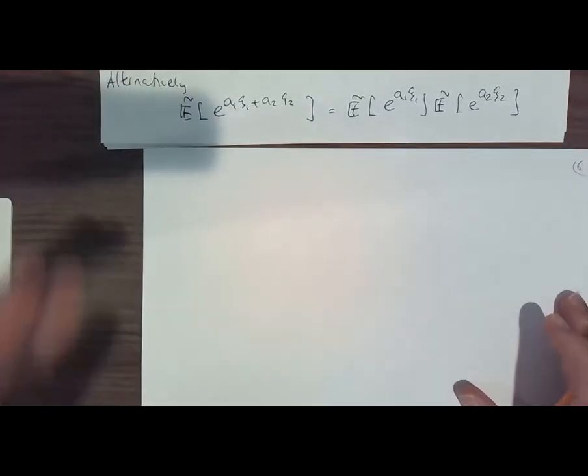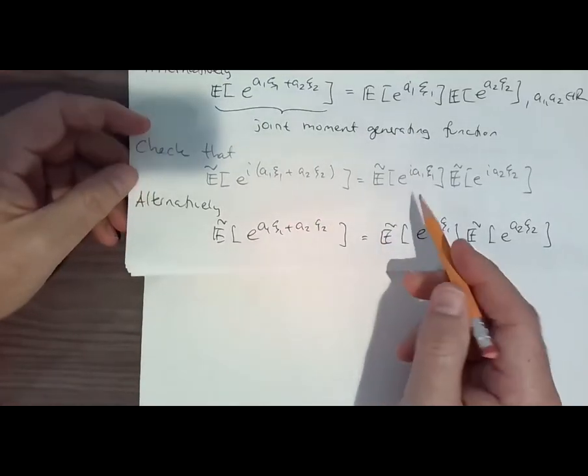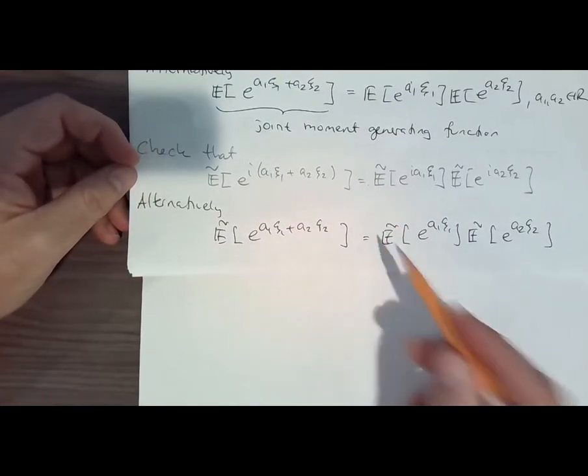So how do I check these properties? How do I check this one? How do I check that one?